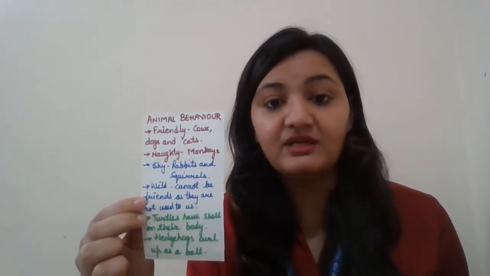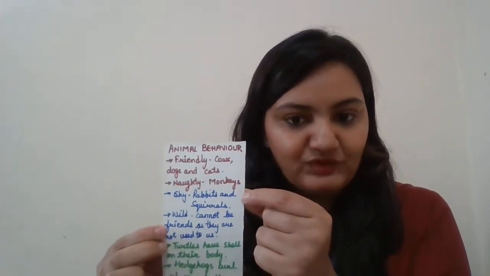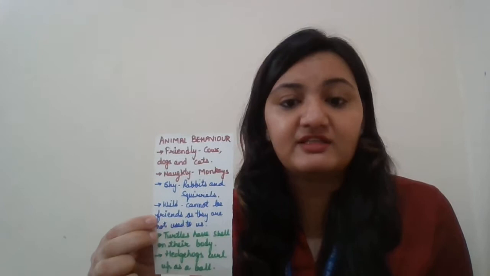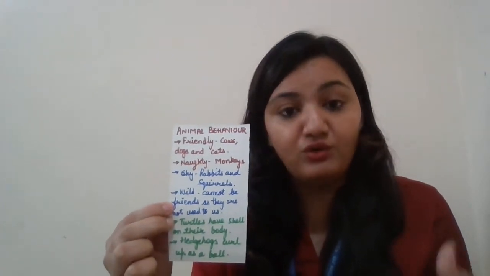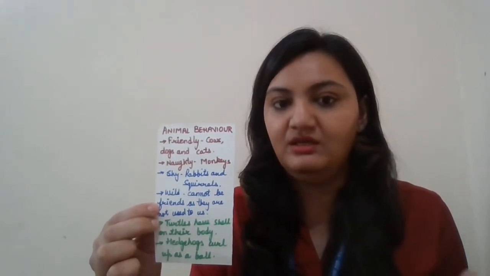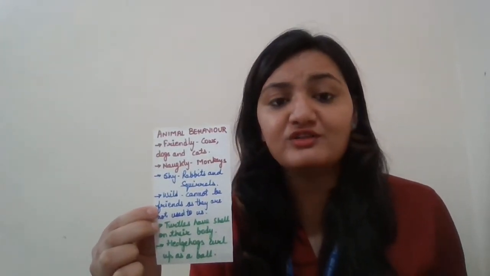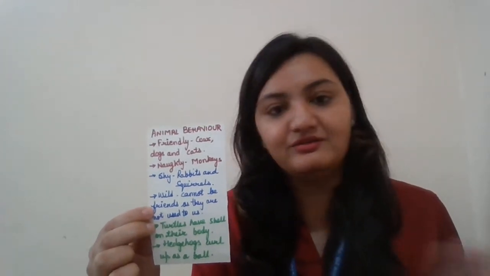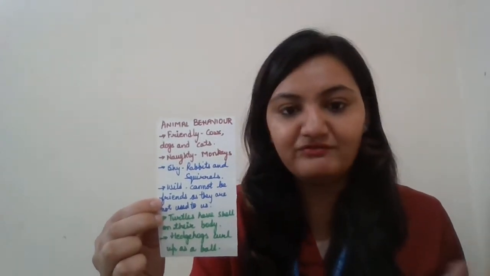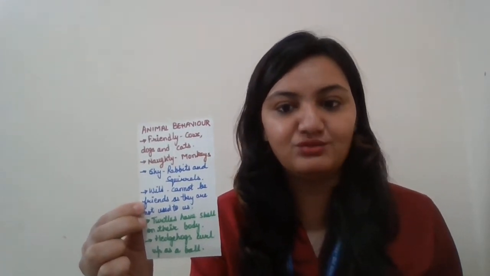At the same time, there are some very naughty and messy animals like monkeys, right? They have a different way of expressing themselves. If you just pass by a monkey, he would do something a little bit naughty towards you. In the same way, a dog always has a wagging tail towards you, looking at you, making a connection with you.